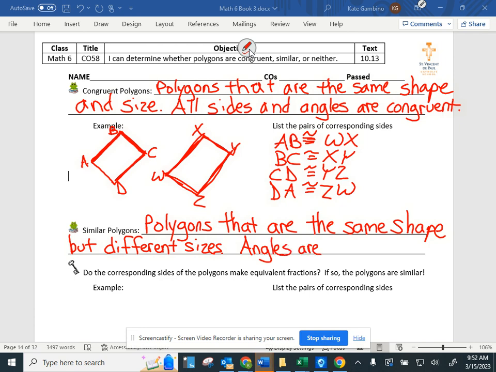But sides are different. Sides are proportional. So if it is two similar polygons, they're going to look the same. It's just one is shrunk down and one is expanded. But you're doing it proportionately.